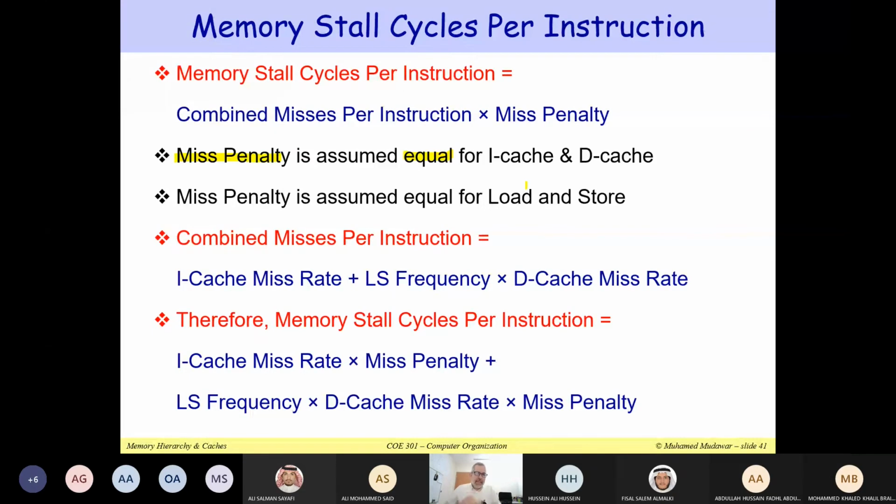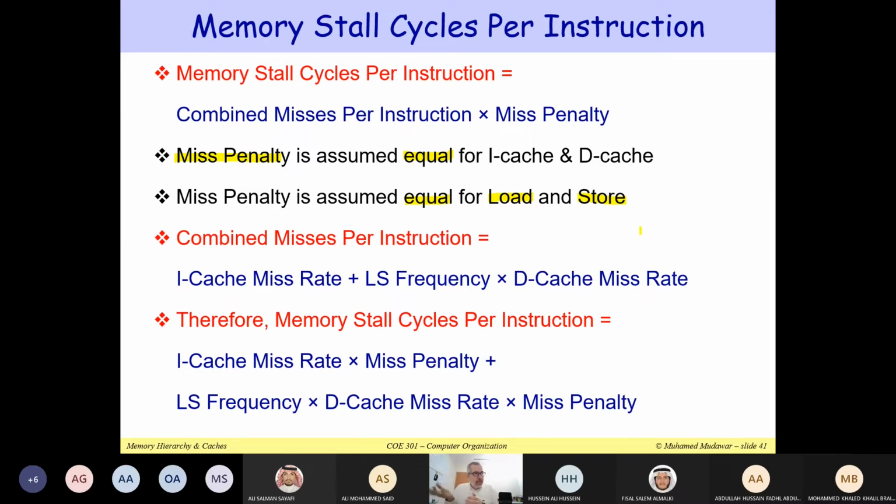The second assumption is that the miss penalty is assumed to be equal for load and for store. That might not be the case, but in this analysis I'm assuming that whether you have a miss for a load or a miss for a store, it does not really matter. We are treating the store like a load.